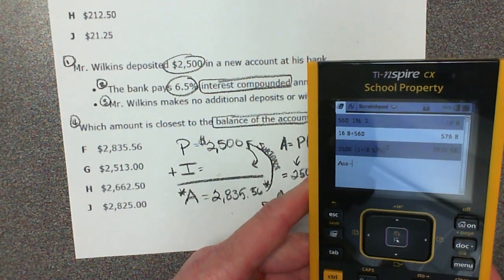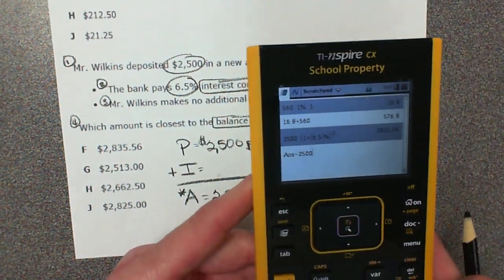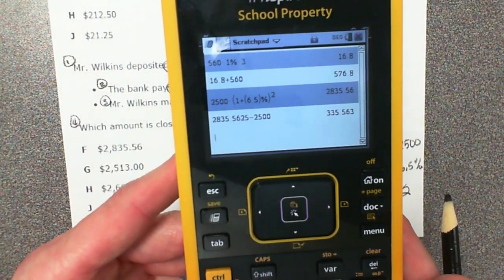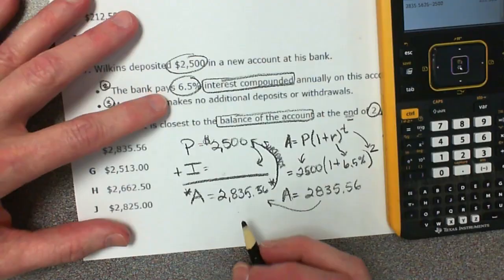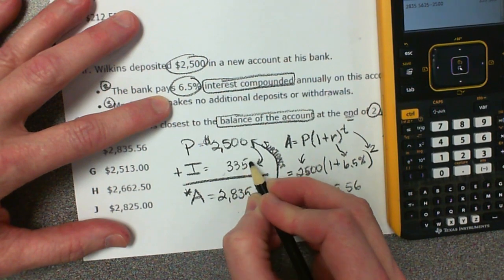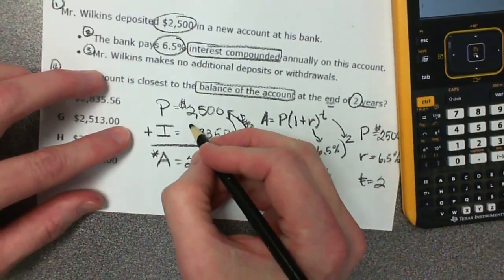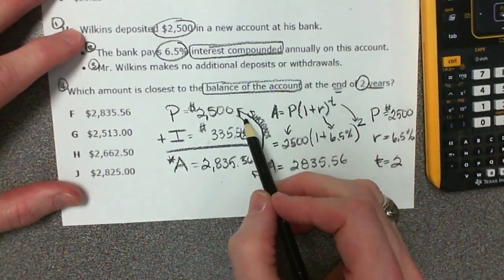So now I can hit subtract, and 2,500, on my calculator. And now I've calculated the exact amount of interest, 335.56. So if it was asking for the interest, I'd have that answer too.